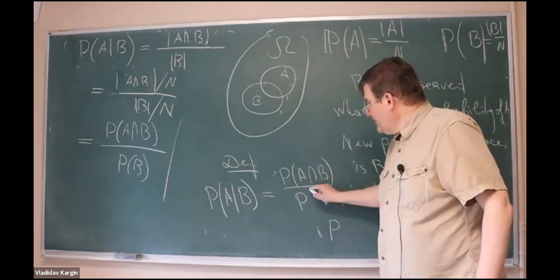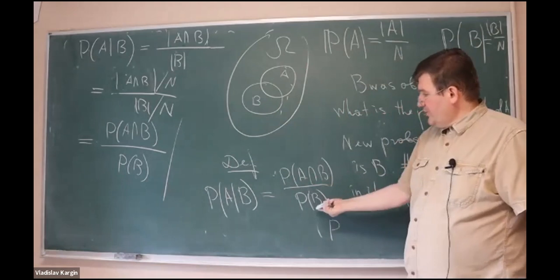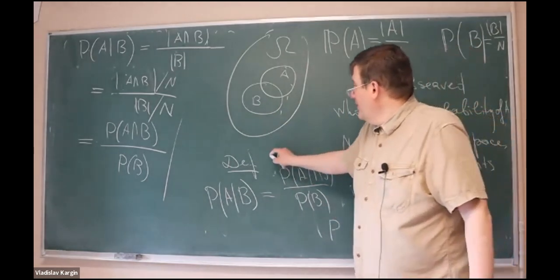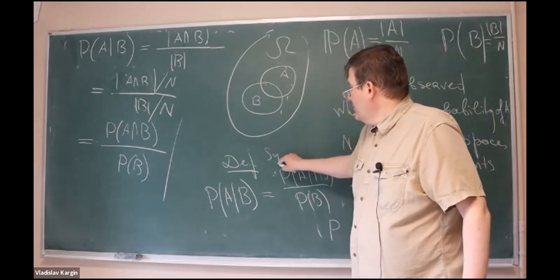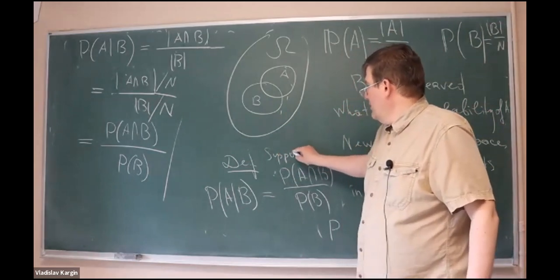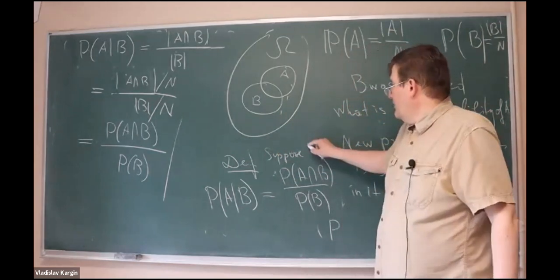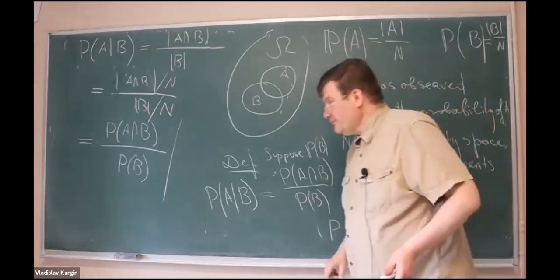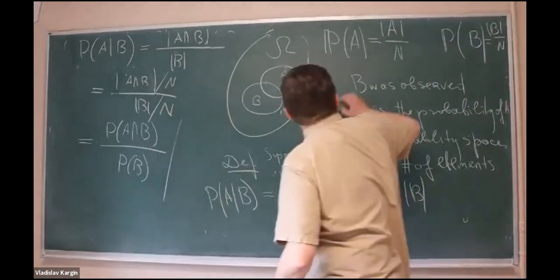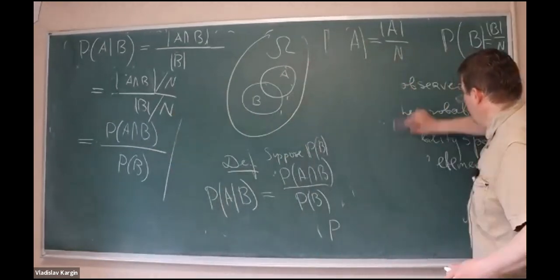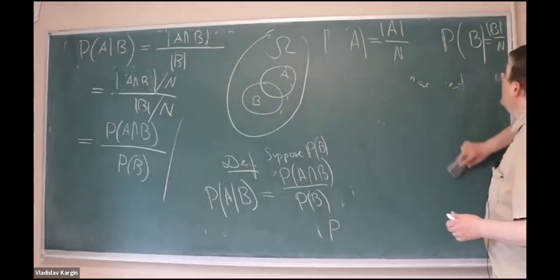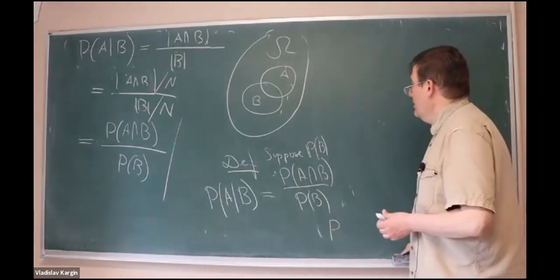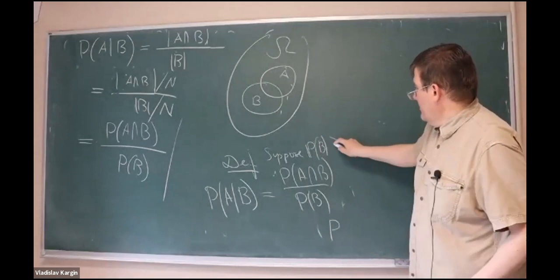Now, one bad thing here is that this definition is not applicable if the probability of B is zero. So suppose the probability of B is greater than zero.